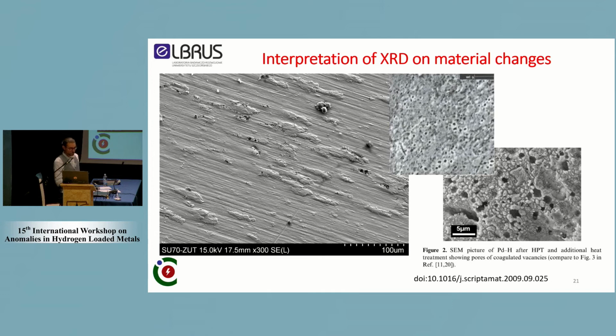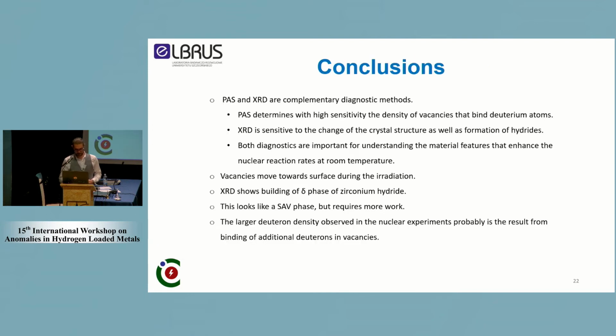And I gave you two pictures here of what it looks like. This is from Daniel Fouchard. I don't know if you know him. He's one of the discoverers of that. And this is a very well-known reference where we can see the clustering of the vacancies. So we really have a coalescence and a migration.